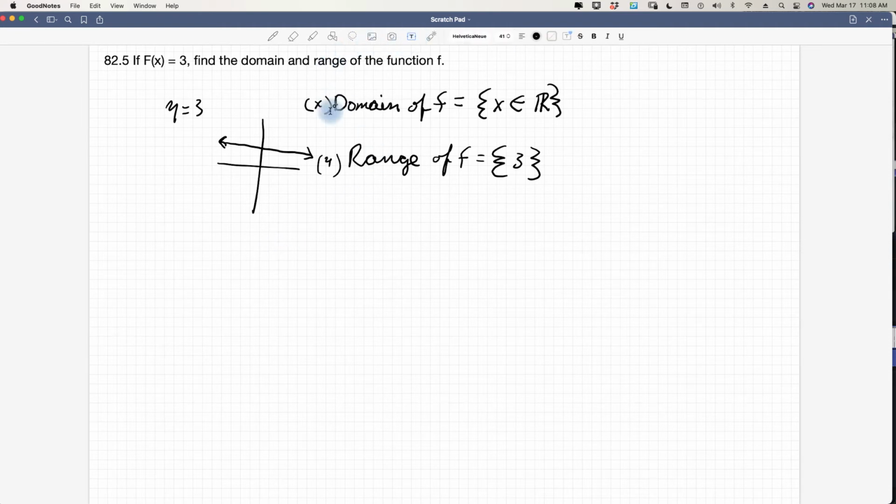Shall we do 82.6? I'm going to type that too because that seemed to be really, really fast.